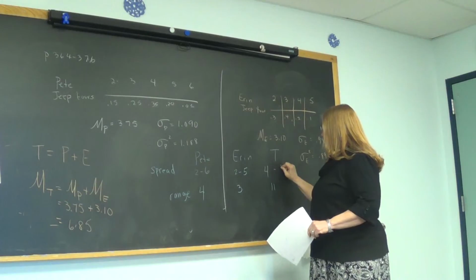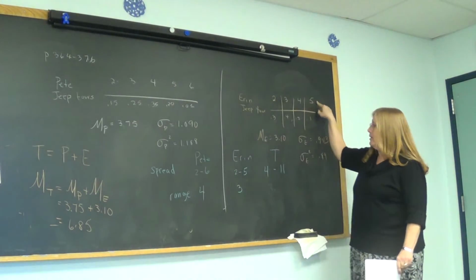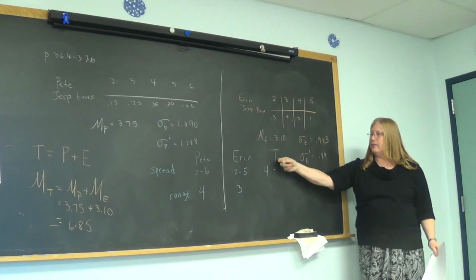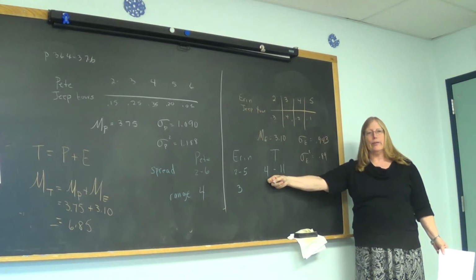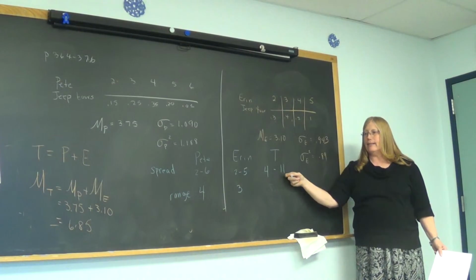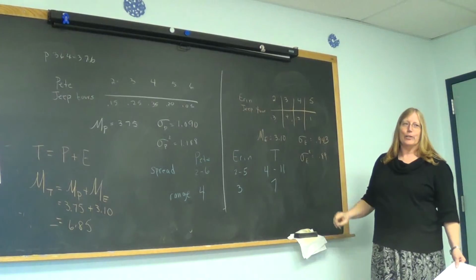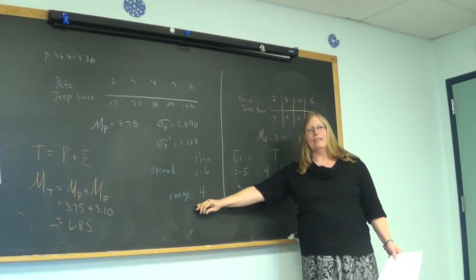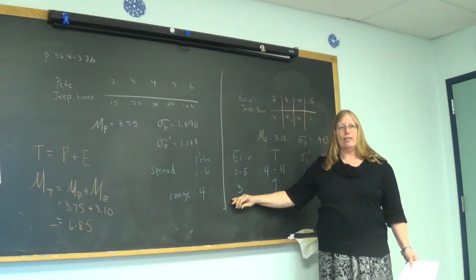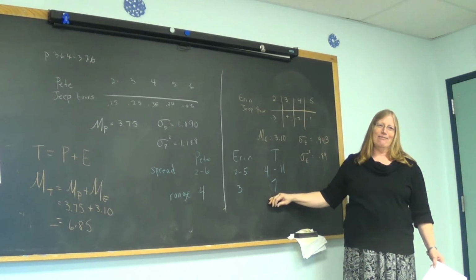Right, the highest in his possible and the highest in her possible. So do you see then the total range could go from the lowest 4 on the combination to the highest 11, which is 7. Could we have done that an easier way? Do you notice that Pete's range and Erin's range add up to the total range? So that's not too bad, right?